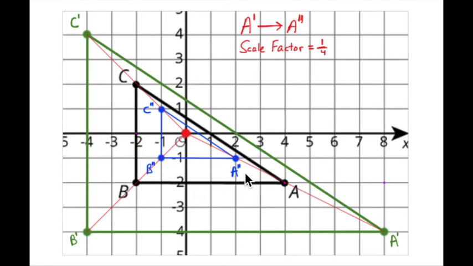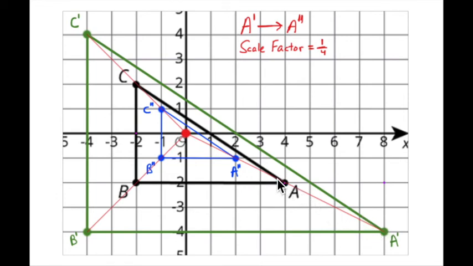So they're all related. But notice, if the green triangle is a dilation by a scale factor of 2, then to get back to the black triangle, the original one, that's this dilation of 1/2. So to take this point to here, that's 1/2.